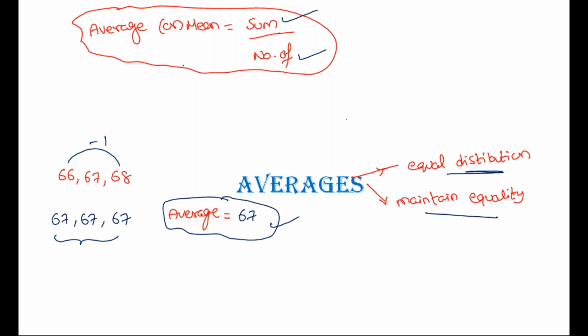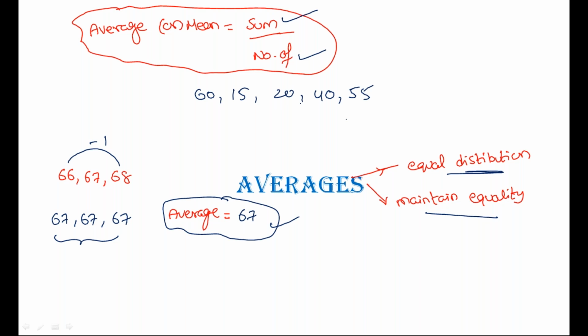Now, friends, why do you require a formula for equal distribution? If you have more numbers, performing equal distribution directly is not easy. Suppose you have 5 numbers like 60, 15, 20, 40, and 55.